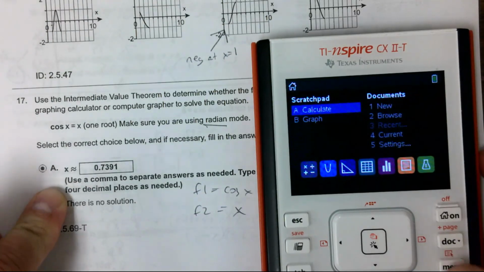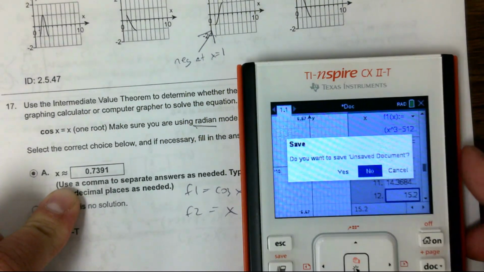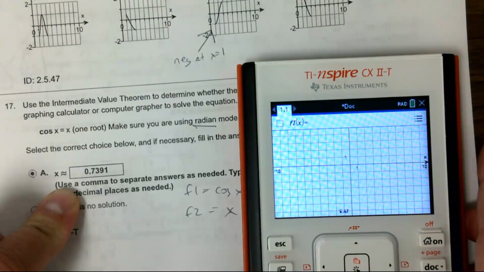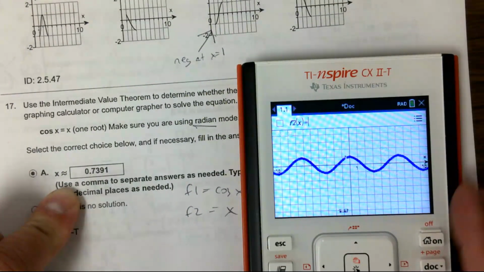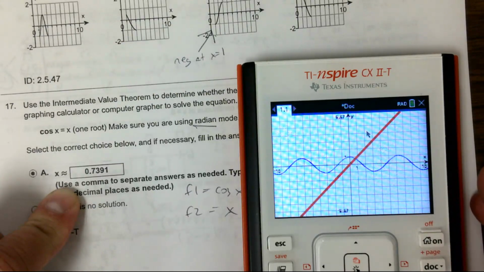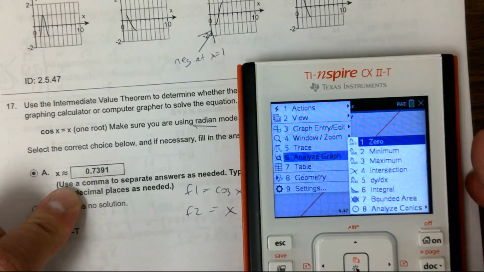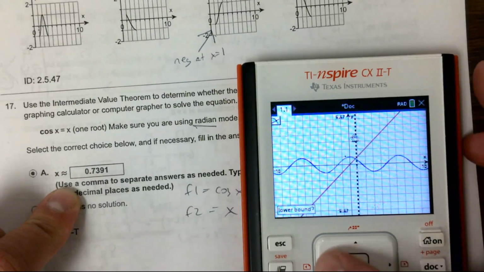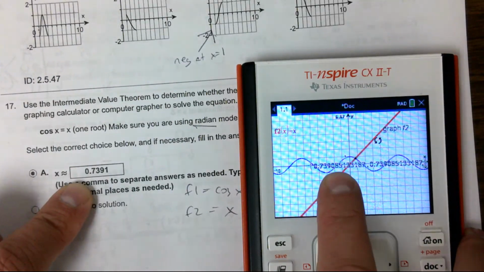So again, make sure you're in radian mode. Trig, cosine, x, and then F2 is going to be x. There's where it crosses, and you go menu 6 for between here and here is your 0.73908.